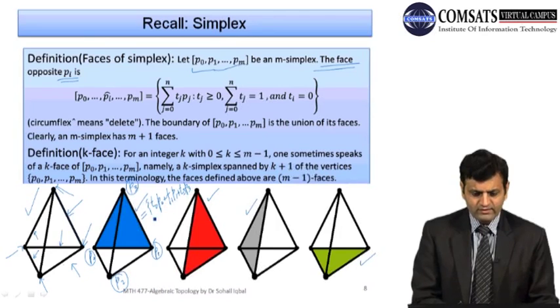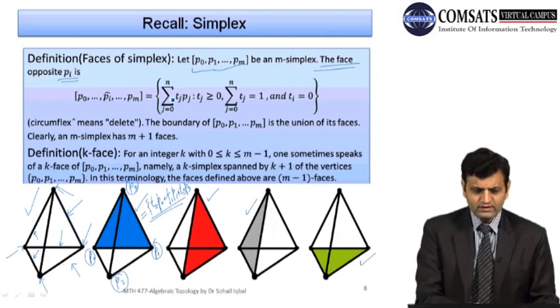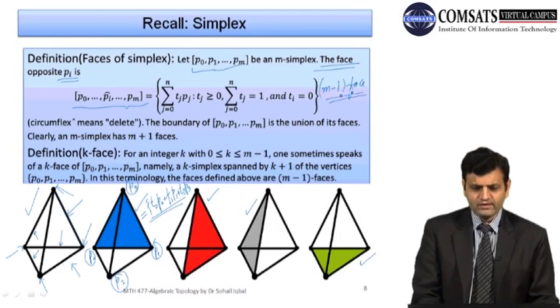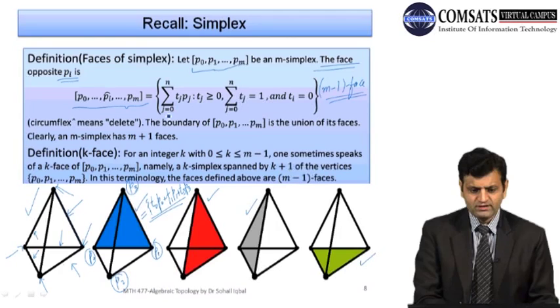So this is the set of points of this blue two face of this tetrahedron. In other words, we can say that this is a face. In this case this is an n simplex, so this means an n minus 1 face.